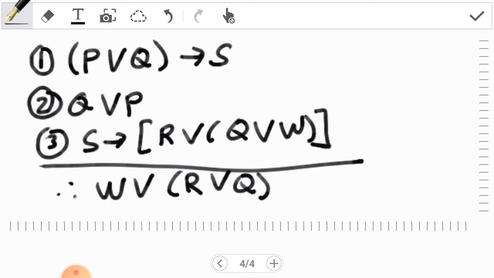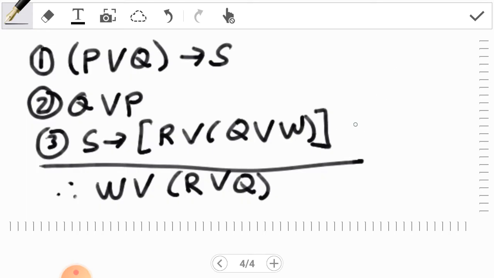Okay, let's analyze this. So we have 3 premises. This is our conclusion. Let's examine. What we desire to come up with is a proposition involving W, R, Q. And where do we find those propositions in our premises?